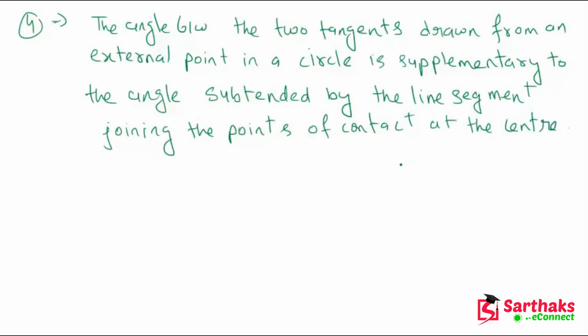So my dear friends, this statement states that, let's suppose we have a circle like this. Now from point P we are drawing two tangents. These are the tangents. This is the center O. Now we are joining the points of contact to the center. These are perpendicular.